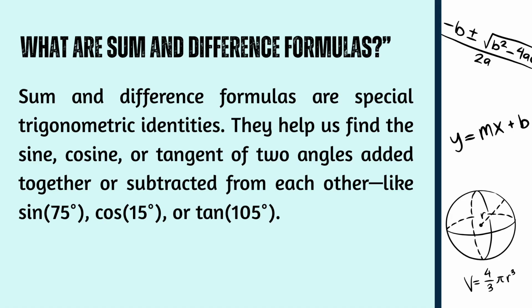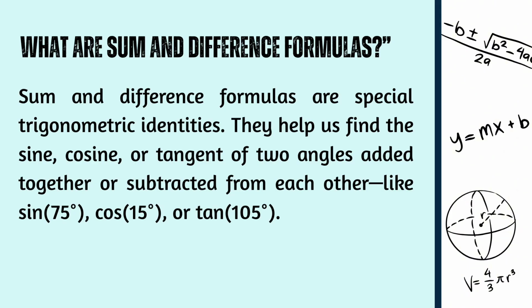Instead of guessing or using a calculator, we break these angles into smaller angles that we already know the values of, such as 30 degrees, 45 degrees, or 60 degrees. These formulas let us combine those values to get exact answers.